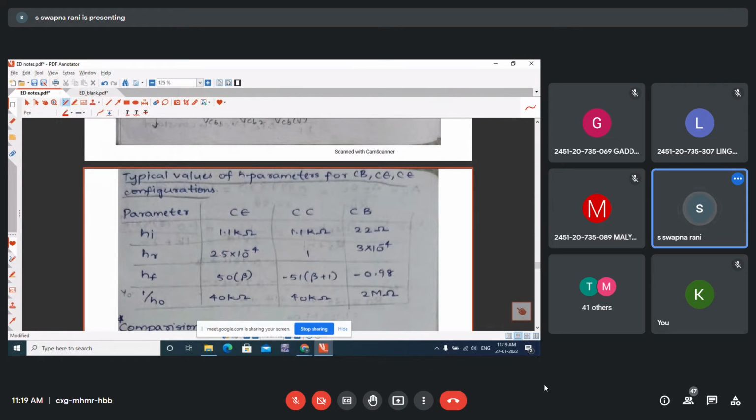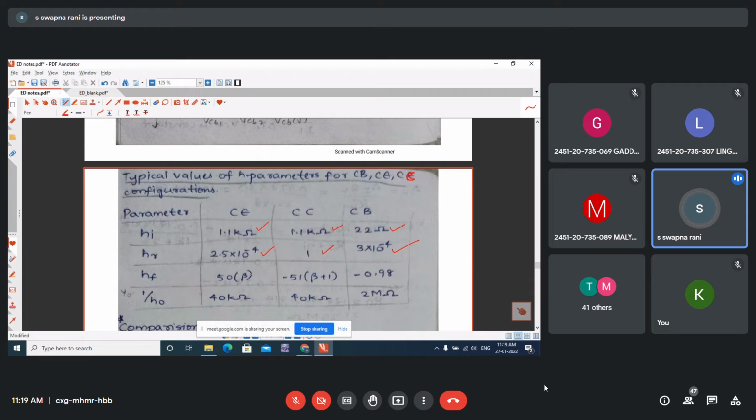All of you see here the typical values of H parameters for common base, common emitter, and common collector. We observe the HI, the input impedance of common emitter, common collector, common base. HR, reverse transfer ratio of common emitter, common collector, common base.